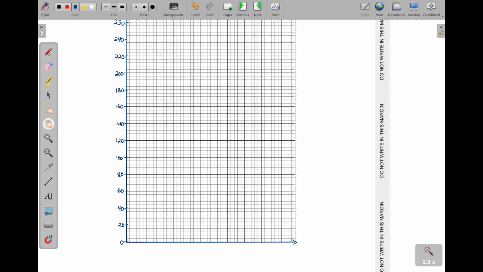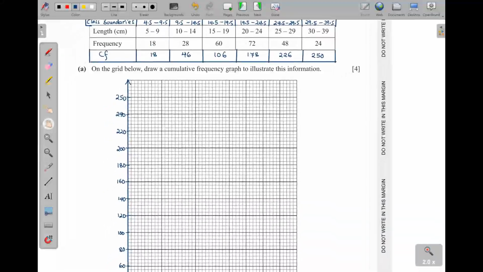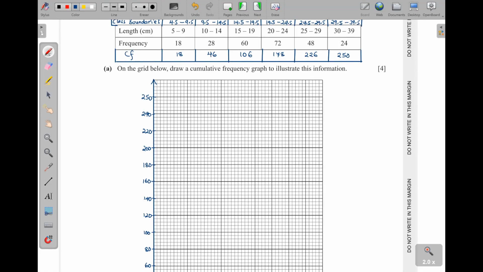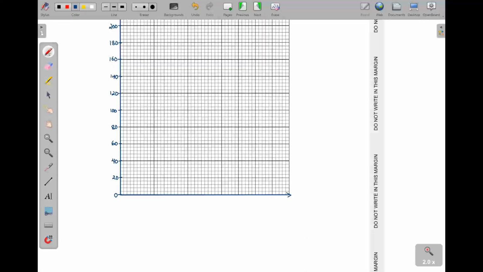Then down here, remember we are starting from 4.5. We are supposed to plot cumulative frequencies, so you have to label your graph, cumulative frequency. You have to label your axis. And then down here we have class boundaries, but class boundaries are coming from lengths. So instead of writing class boundaries, you write length in centimeters.